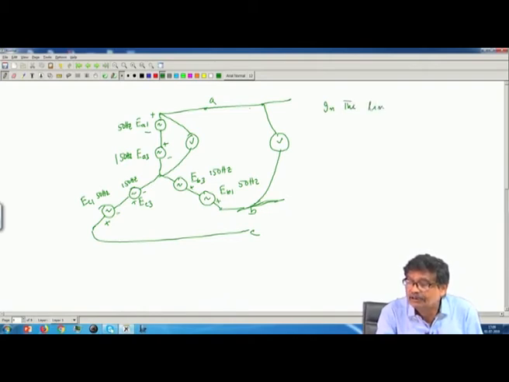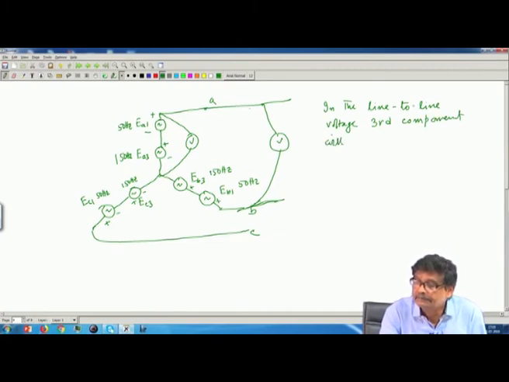Therefore, in the line to line voltage, the third harmonic component will be absent, and here this reading will be root 3 times E A 1, because E A 1 is the RMS value.